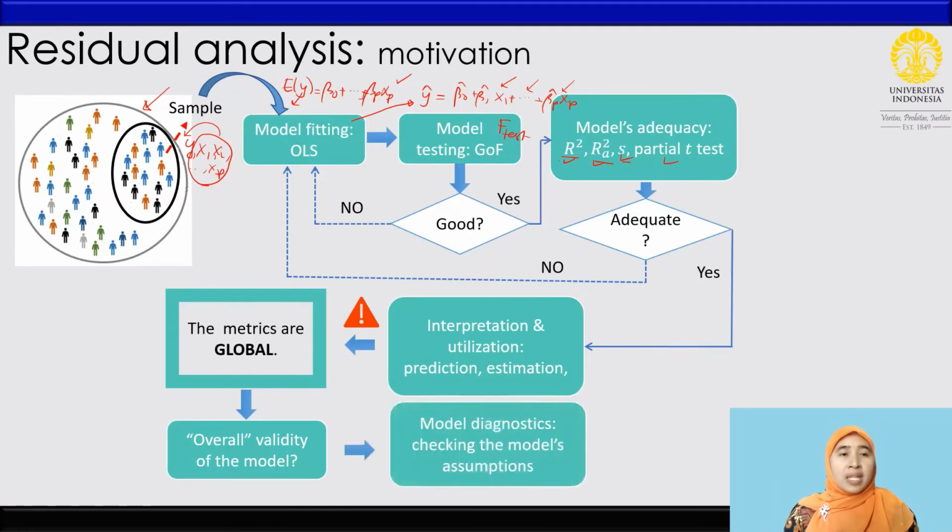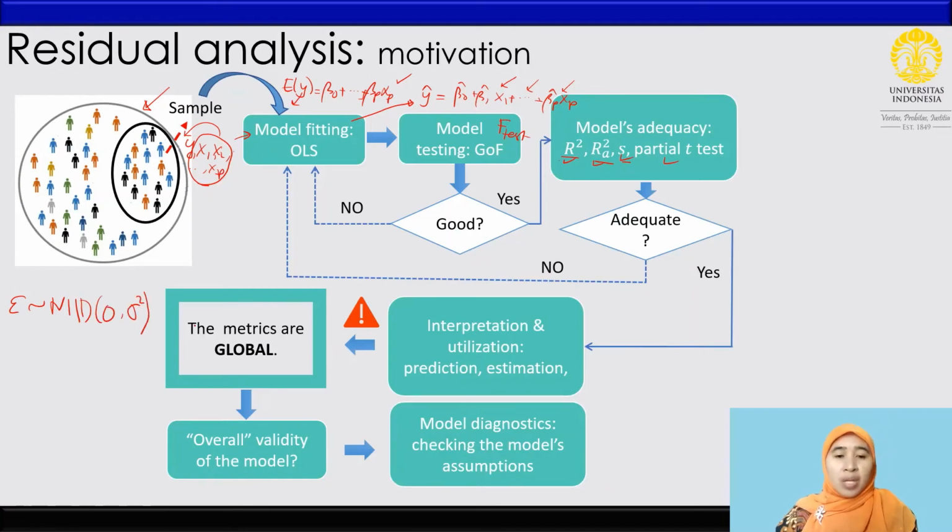And what is our expectation? That is represented by what we have when we do the model fitting. In the modeling, we have the assumption that the error term follows a normal distribution, independent and identically distributed, with a mean of 0 and a variance of sigma square.